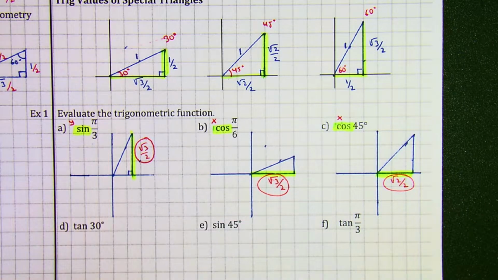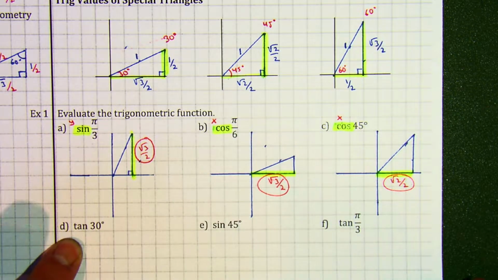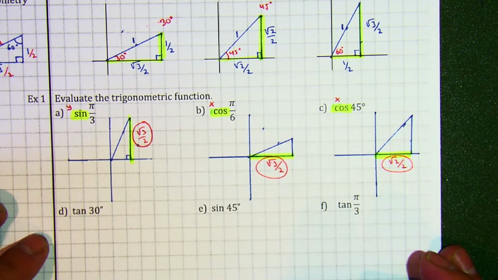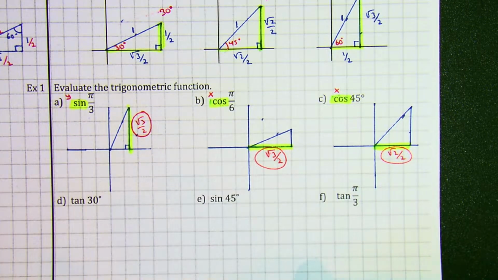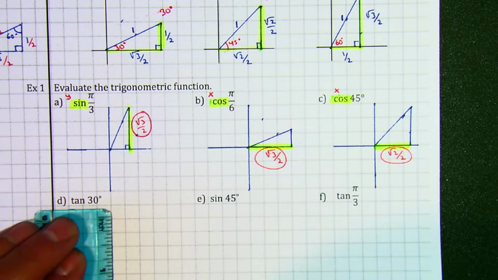D, E, and F. Go and copy it down. And let's go and make 3 by 3s. The tangent of 30 degrees.